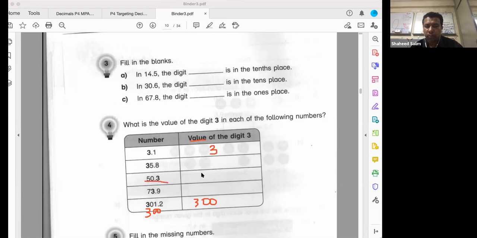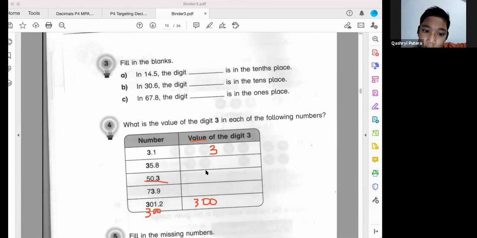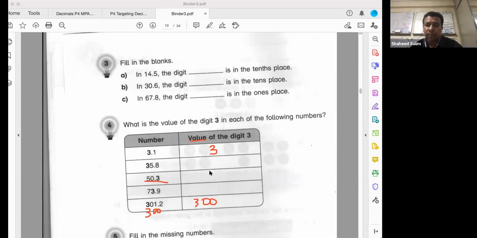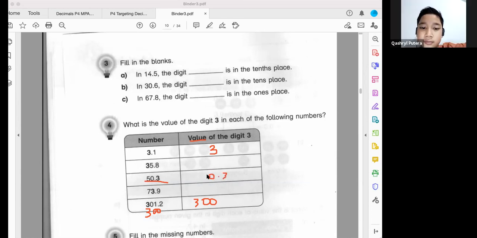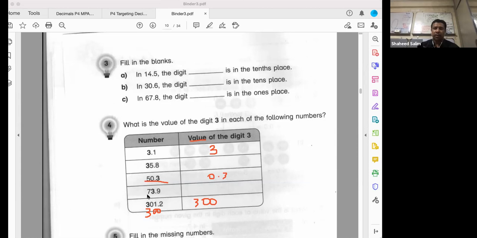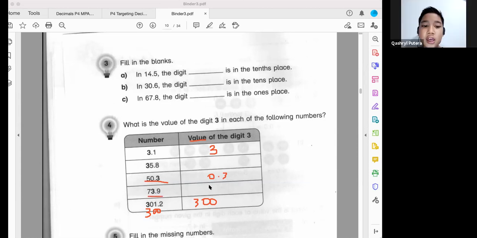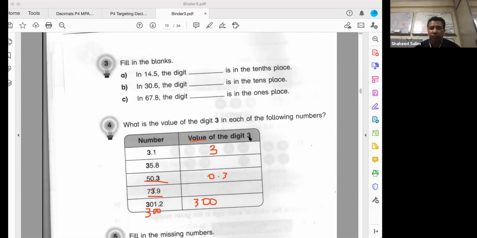Okay, this one now. The value of 3 is not 3, it is 0.3. The point is here, so it will be 0.3. This one down here. No, you want the value of 3. So that means you're not sure.